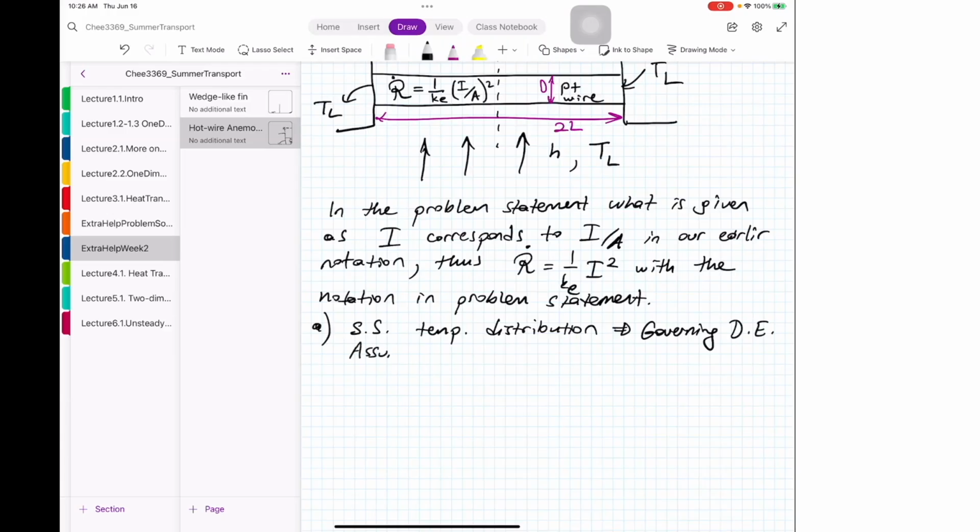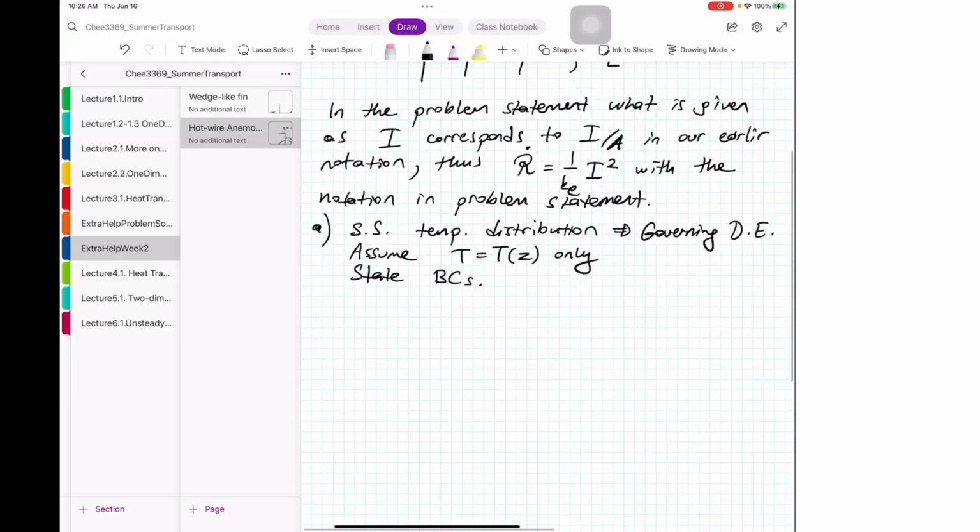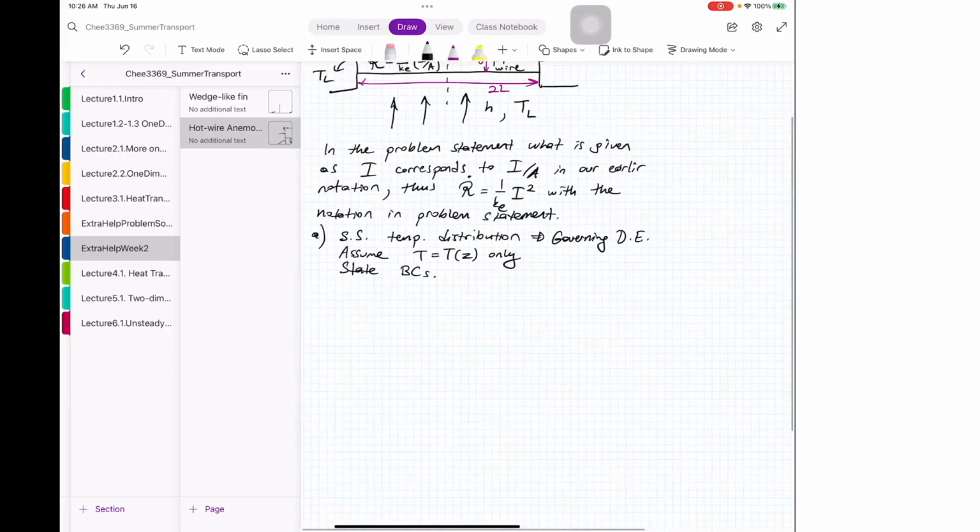Assume T is a function of Z only. And clearly state the boundary conditions. Further assume uniform thermal conductivity K and electrical conductivity KE and uniform heat transfer coefficient H, all temperature independent. Okay, so good.